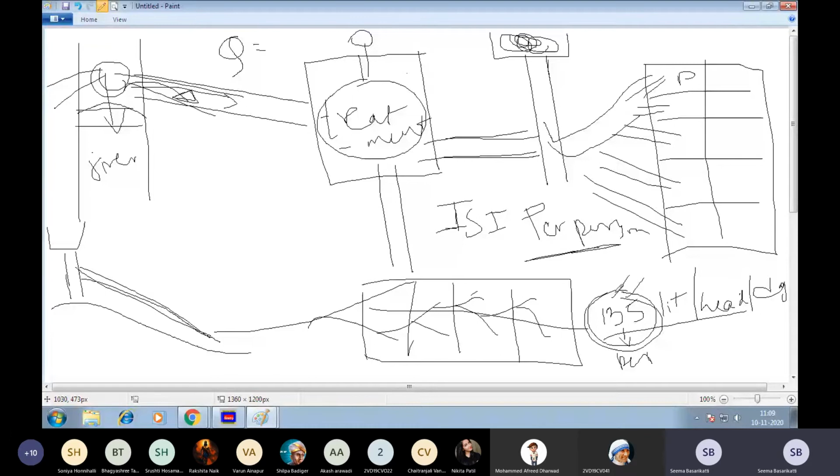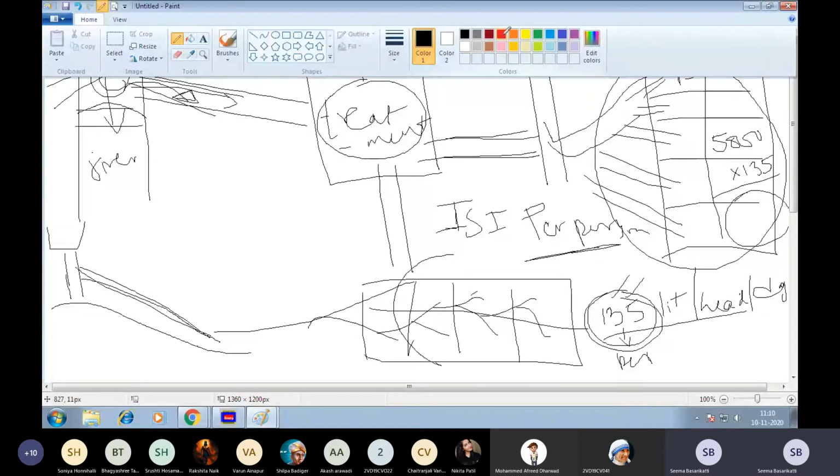So think that there are a total of 5,000 people who stay in this particular area. Then what is the total consumption of water by this area? 5,000 multiplied by 135, and you will get to know the total consumption of water for this region.